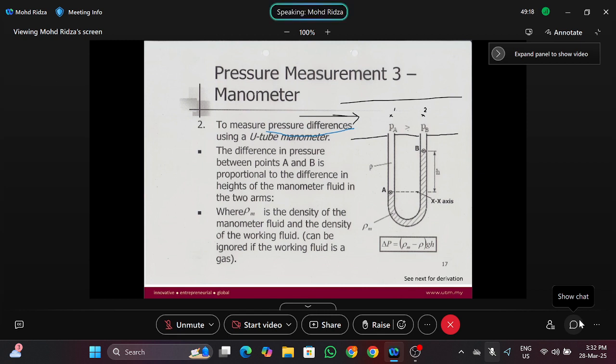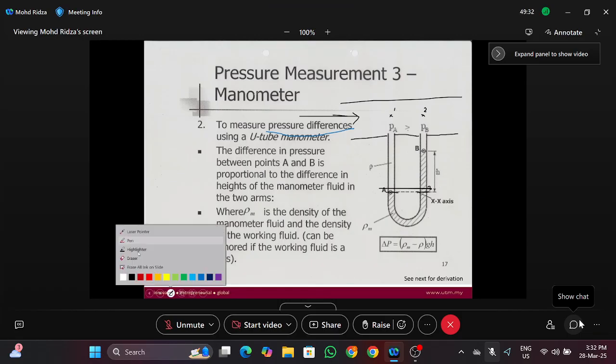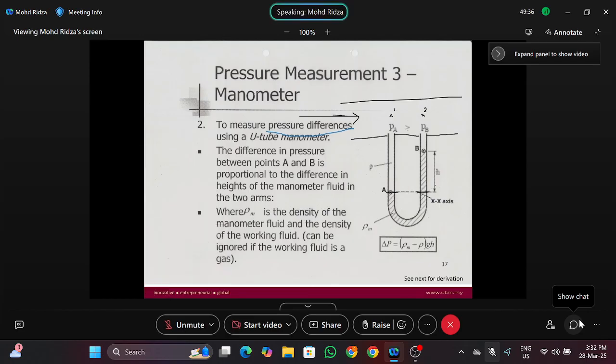So based on these 3 conditions, I can say that the pressure here, pressure A, and the pressure here, let me call this point 3, are the same. So the pressure at point A and point 3 is the same.